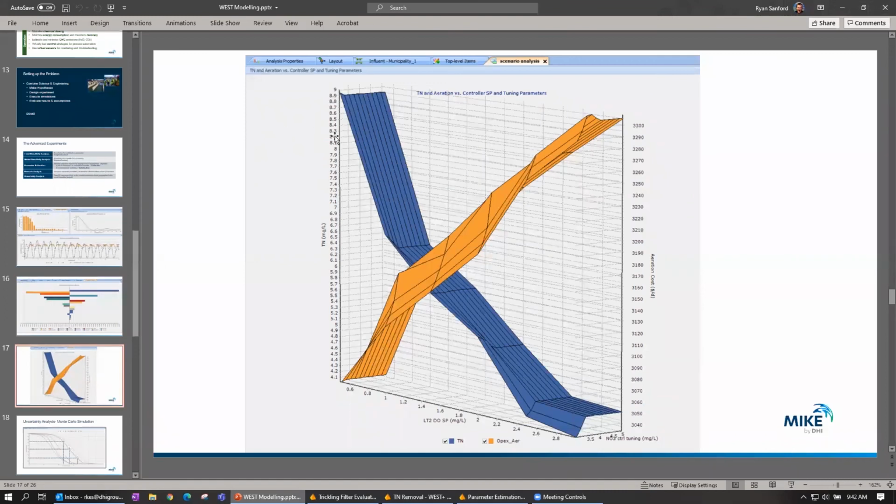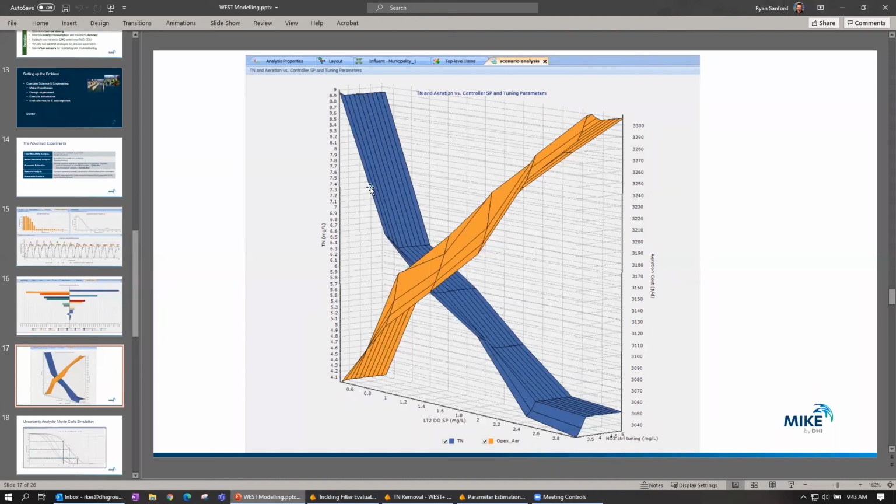I'm going to ask West to change those 2 parameters within a given range and give it a distribution, whether it's linear or some uniform distribution or bell curve or whatever's relevant. West will then start automatically pairing parameter sets and running simulations and giving us the results.